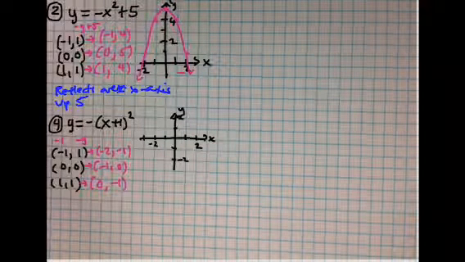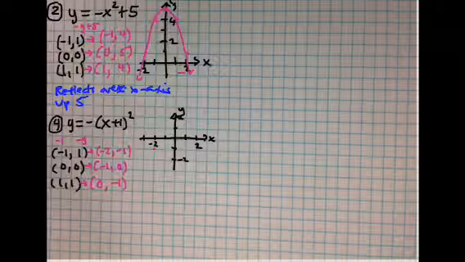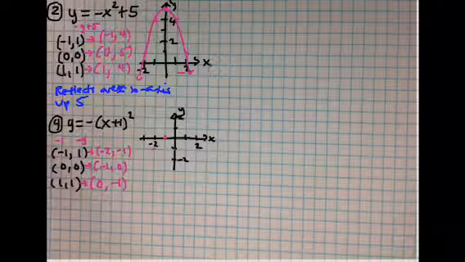So that gives you -2, -1, and -1, 0, and 0, -1. Okay, so we plot the points -2, -1, -1, 0, and 0, -1, and just continue the graph.